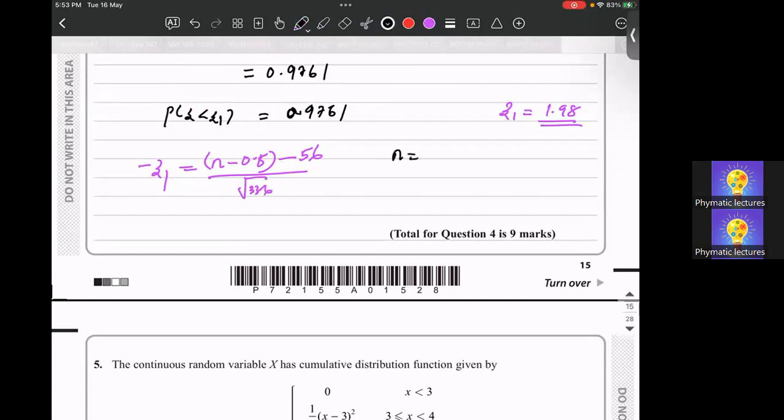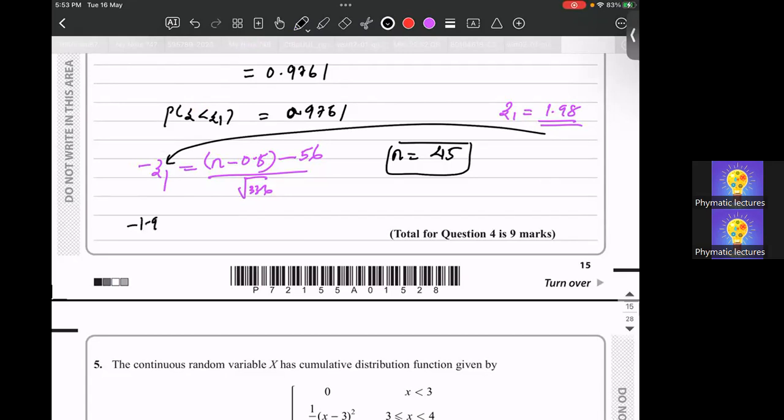So minus 1.98 is equal to n minus 0.5 minus 56 divided by the square root of 33.6. Then you cross multiply, and making n the subject, you will get n equal to 45. So that is the idea about this question.